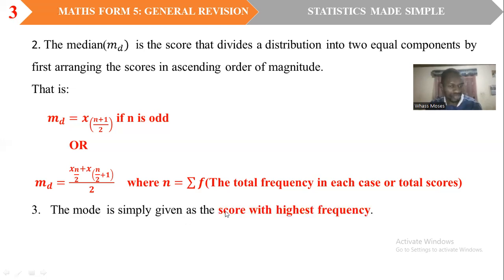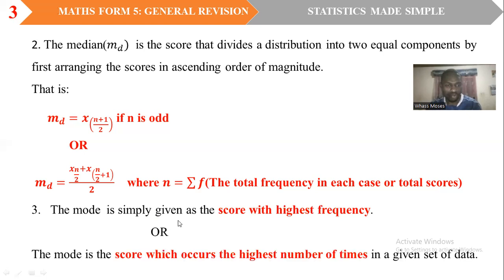Three, we need to also recall that the mode is simply given as the score with the highest frequency. Or the mode is the score which occurs the highest number of times in any given set of data.